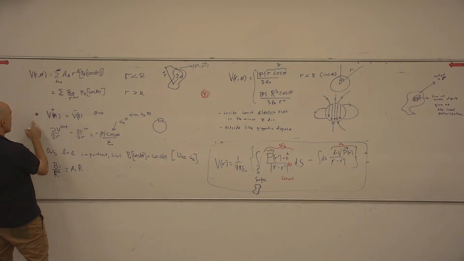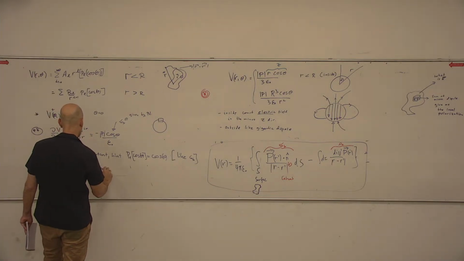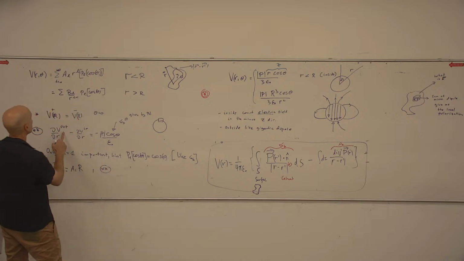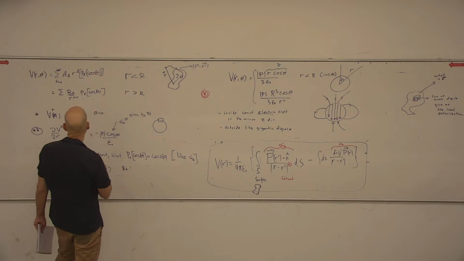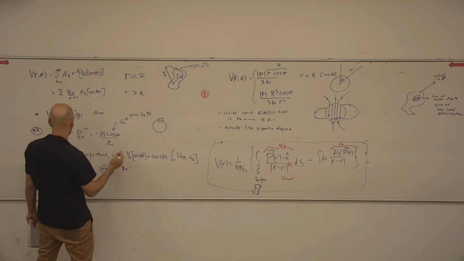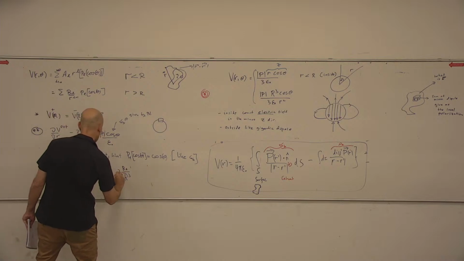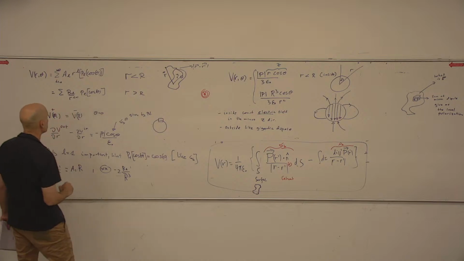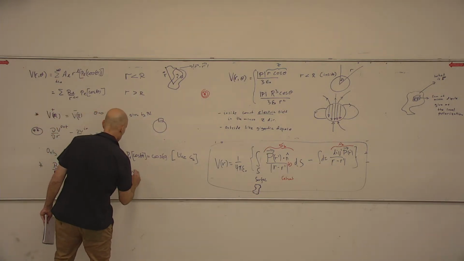This is from this one, and then I have this one. The derivatives. So if you are outside, then this is B1 over R squared. Then I need to take the derivative. It will be R to the power 3, and here I'll have a 2 and a minus sign, if I didn't make a mistake, multiplied by cosine. That's the polynomial.